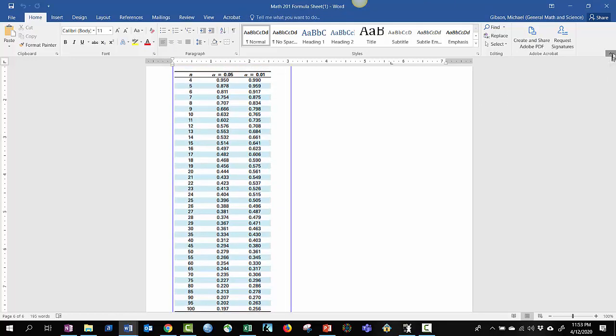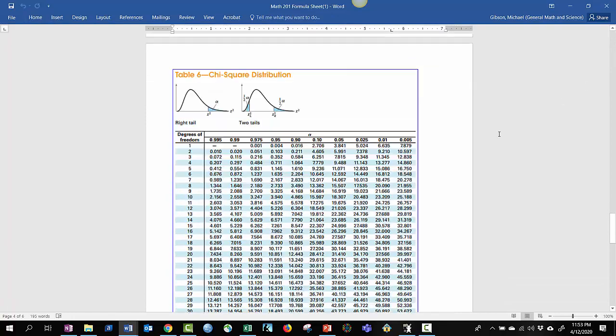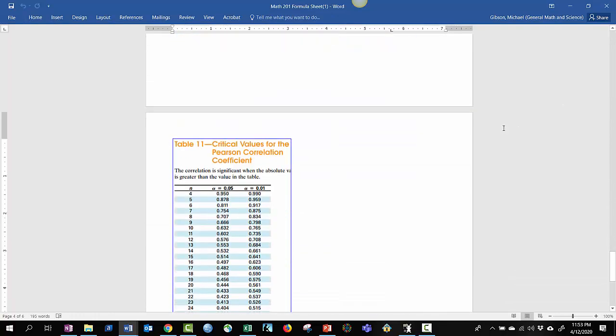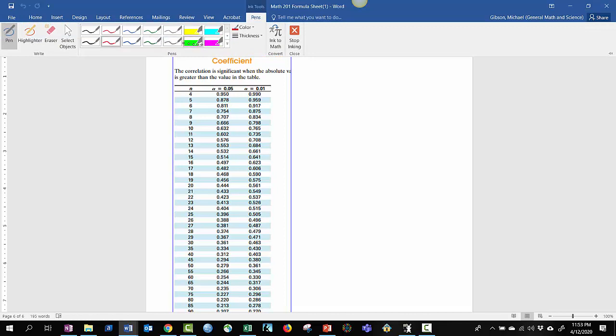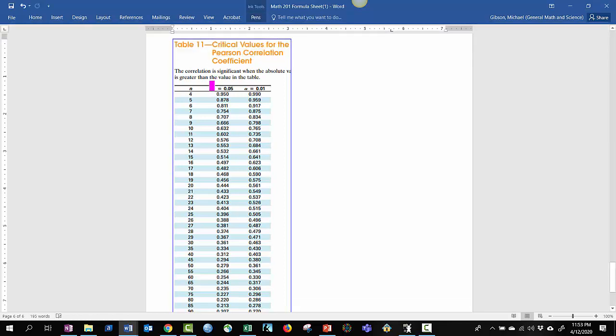Then what you need is two things. The table shows two different critical values. This one, alpha is 0.05, and this one, alpha is 0.01. n is the number of points. So in a question, let's say you had 20 points, and alpha was 0.05.